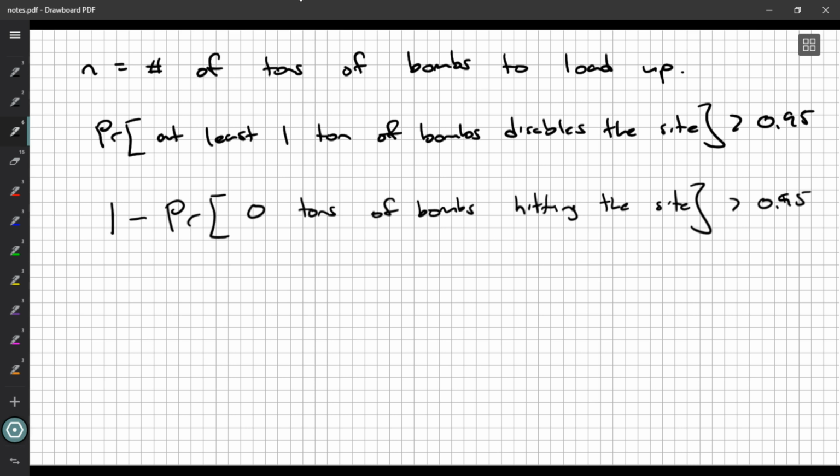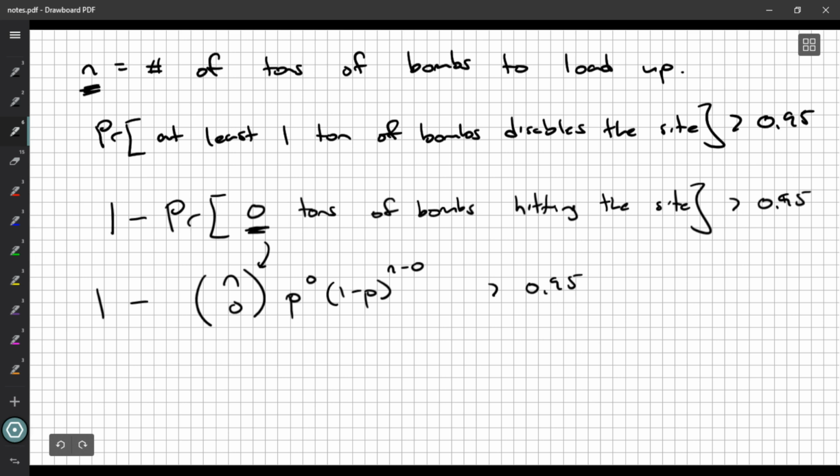But now we have an exact number. Of all our n tons of bombs that we drop, we want exactly 0 of them to hit. And because it's exact, we can let n be our unknown, and we can let k be 0 in our n choose k, p to the k, 1 minus p to the n minus k formula.